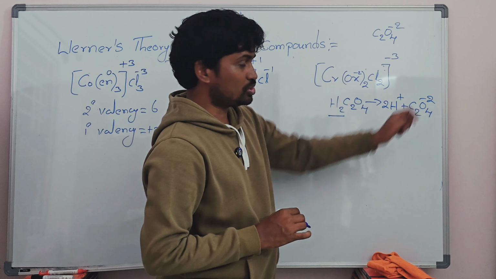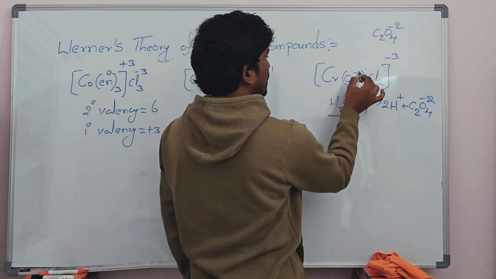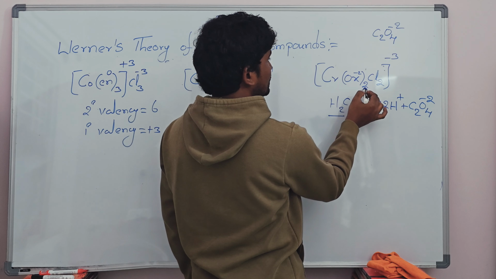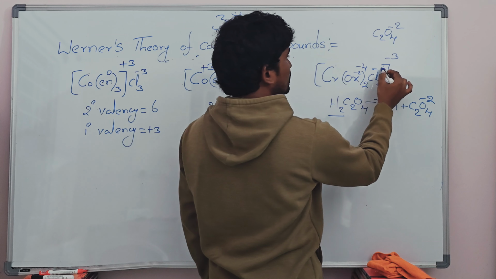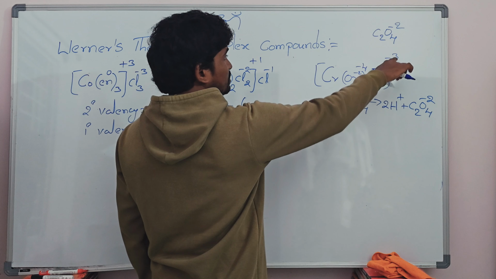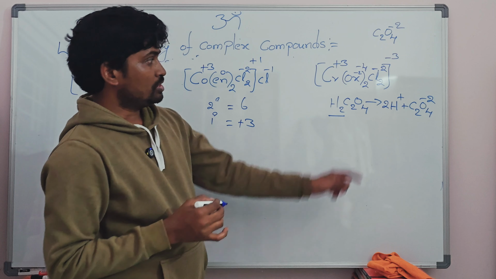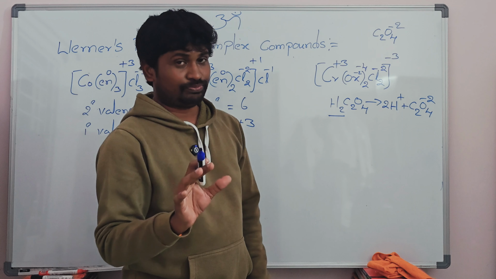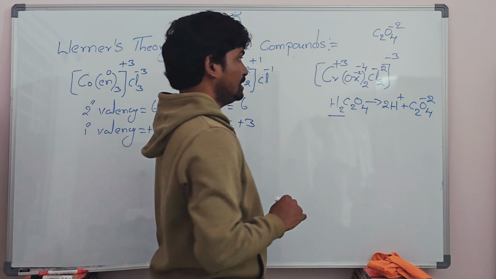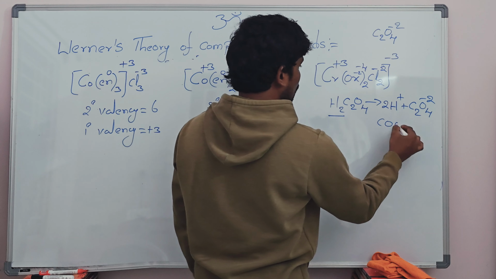The charge is -2 here. So each oxalato has -2, and here 2 oxalate ions are present, total -4. Cl is -1, here -2. For getting -3, how much charge does chromium have? +3. So the oxalato ion is a bidentate ligand, because 2 donor atoms are present in it, COOH.